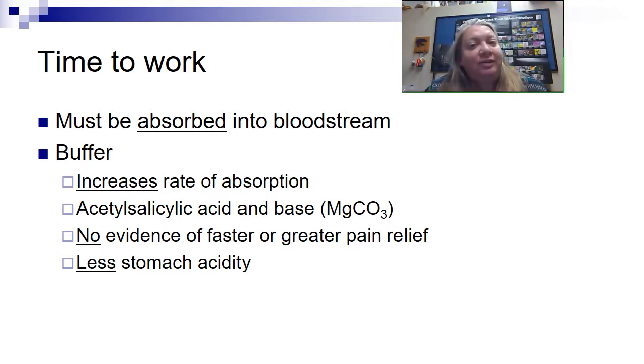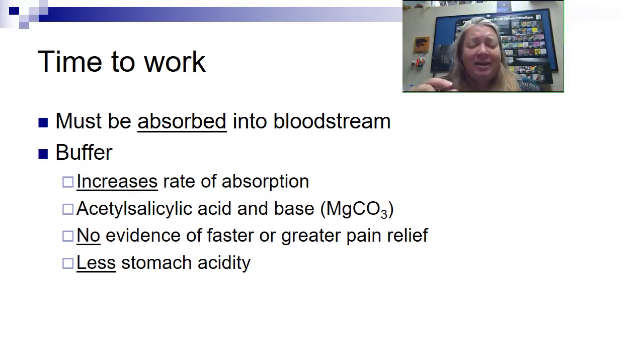Now, one of the things that they've done is they have what are called buffered aspirins. And a buffer was originally designed to increase the rate of absorption. So it's not a true buffer system. They took acetylsalicylic acid and added magnesium carbonate, which is a base. And they were trying to have something that would have a narrow pH range. So it doesn't have a really high pH or a low pH.